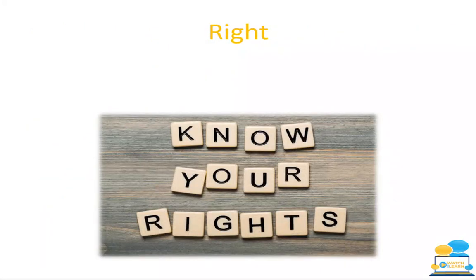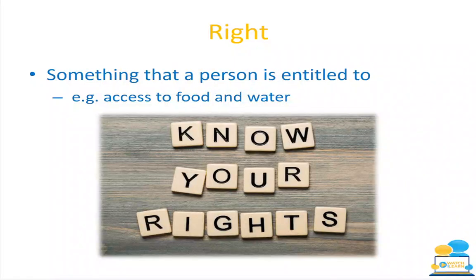So a right. A right is something that you are entitled to. So the United Nations Convention on the Rights of the Child is something you will learn about in CSPE. So the UNCRC, you'll also learn about the one for adults as well. So it is something you are entitled to, okay? You should be getting it.